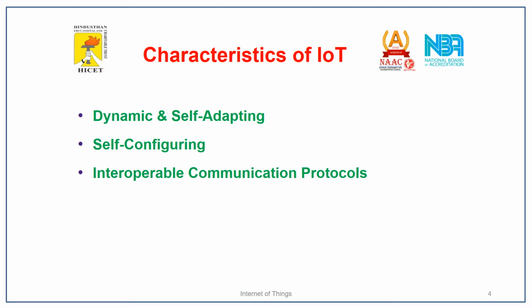The third characteristic of IoT is interoperable communication protocols. Initially, we used the ISO OSI model, and based on the ISO model, so many protocols are used for the 7 layers.